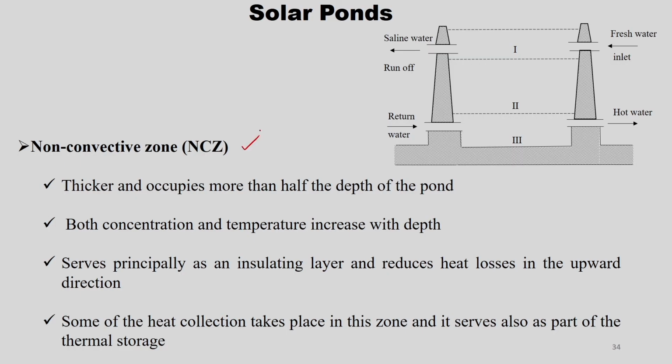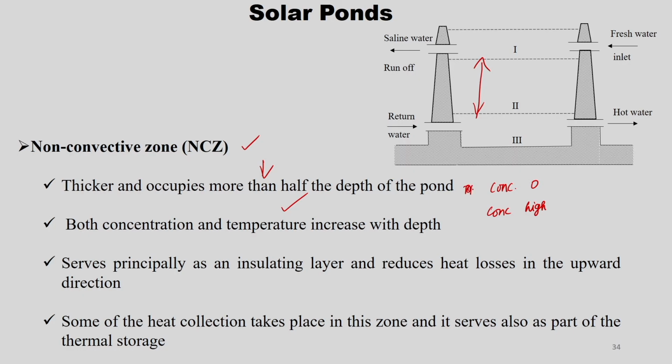The non-convective zone here is thicker and occupies more than half of the depth of the pond. Here both concentration and temperature increase with depth, because we said concentration is 0 at the top layer to prevent the convection, and concentration is high at the bottom layer.